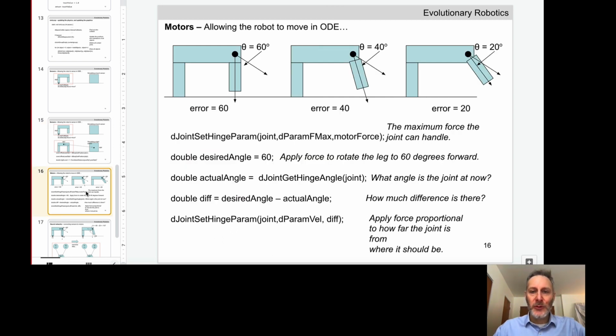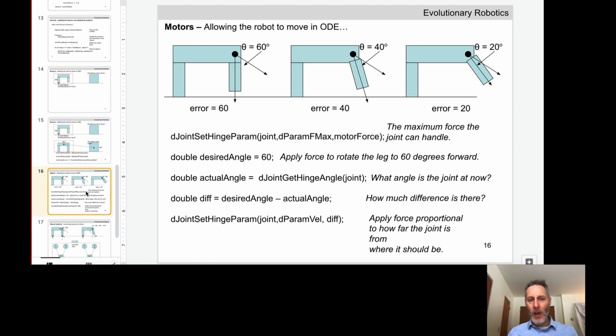Okay. For the undergraduates, next week you're going to move on to simulating motors. And again, in order to simulate a motor, we're going to exploit the physics engine. We're going to ask for information from the physics engine and use that to simulate a motor, which is going to apply force to a joint, and that joint is going to try and rotate the connected pairs of objects.